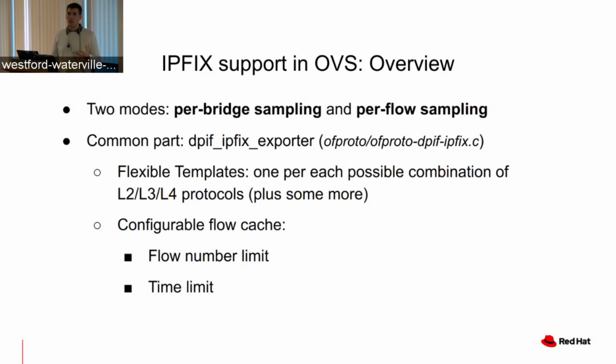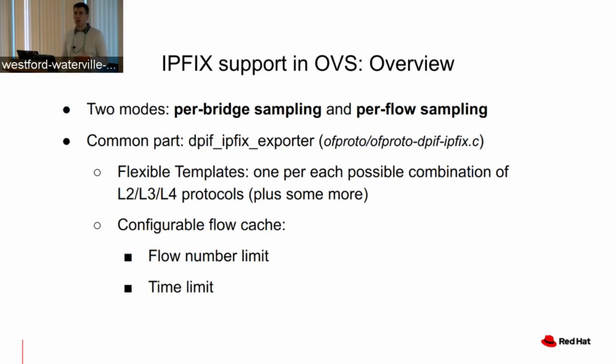They share some common infrastructure inside OVS. Essentially, the core components of this shared infrastructure are the template definition. Basically, there's a template for each combination of L2, L3, L4 headers, or protocols, more or less. And there is a configurable flow cache.